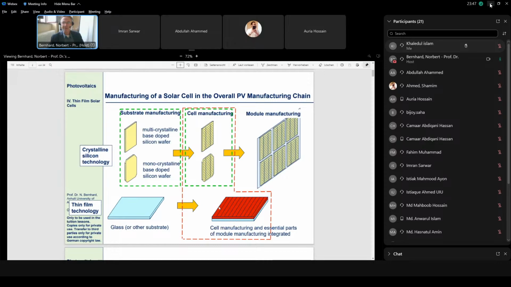And I should also note these layers are not extrinsically doped. They are what is called intrinsic doping. That means the n-type or p-type character is created by some defects in this material. That means we don't have to add extrinsic elements to create this doping. The same is also the case for copper indium diselenide. This is also so-called intrinsic doping.